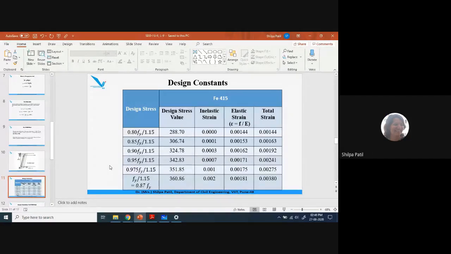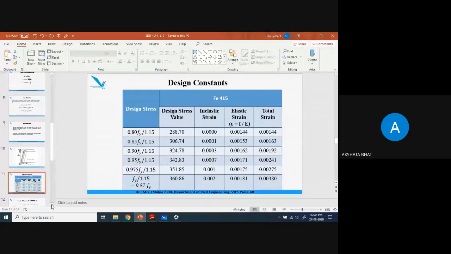Okay. So I had asked one question: whether we are preparing the table for Fe 500 right now, immediately, or you will do it as homework. Ma'am, now. Okay, everybody agree with this? Students? Yes, ma'am.